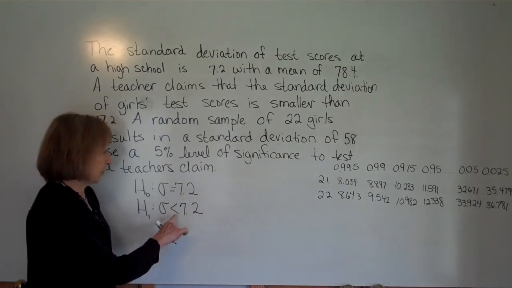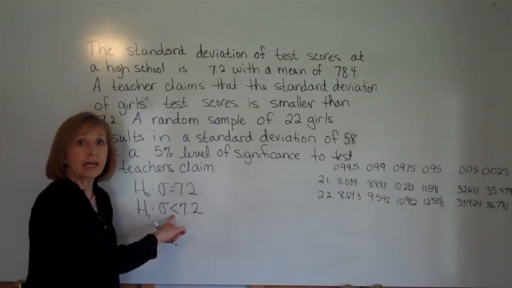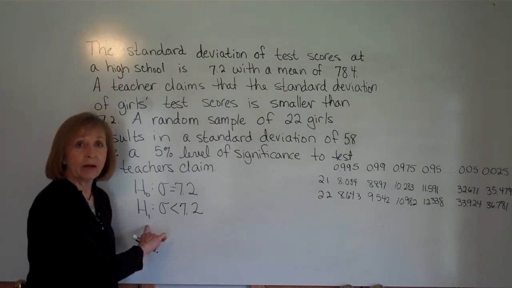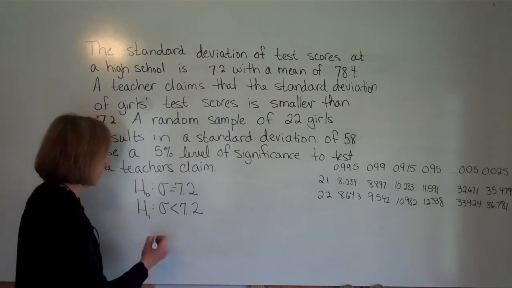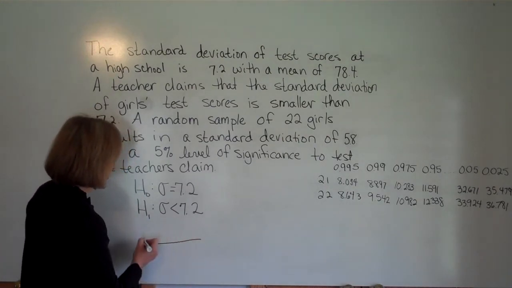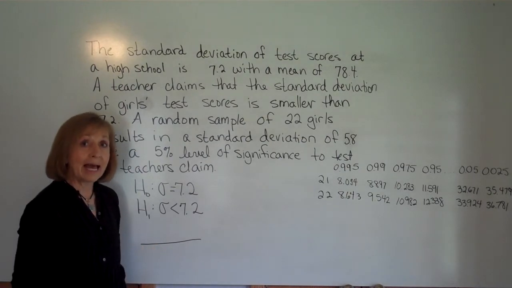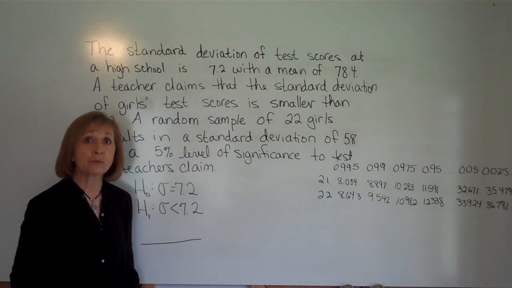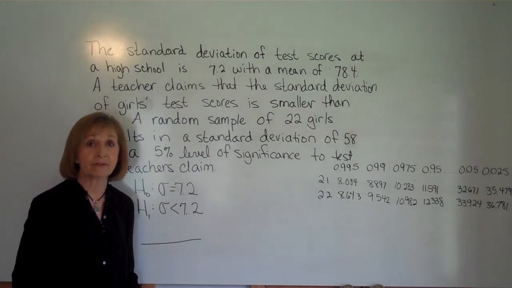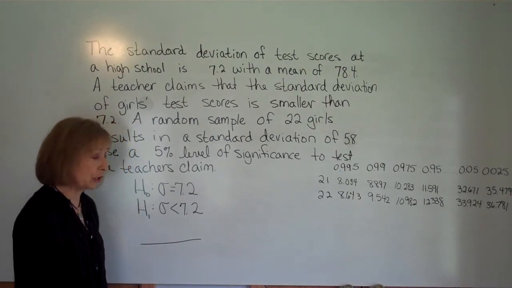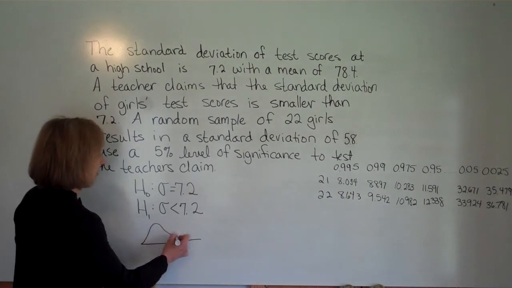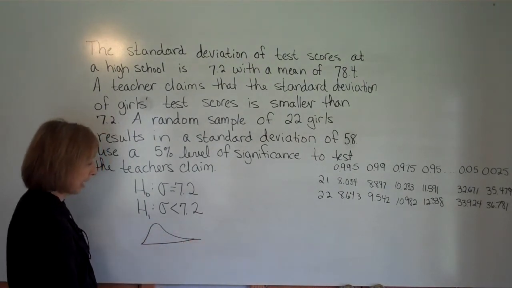Okay, now that I know that it is a less than in my alternate hypothesis, that tells me it's a left tail test. So I'm going to draw the distribution for the chi-squared distribution. That's where you get your critical values when you're doing a hypothesis test for the standard deviation or the variance. Remember, the chi-squared distribution is skewed, so I'm going to draw it skewed to the right.